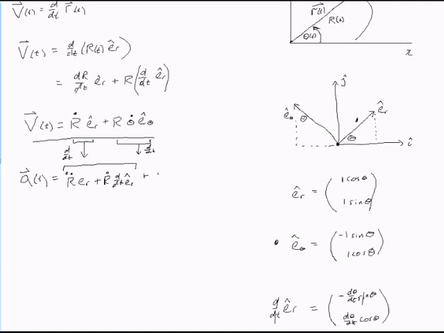Plus whatever this term is, which is just going to be equal to the derivative of whatever this beast is, which is just going to be r dot times, and once again I'm just using the chain rule, r dot theta dot e hat theta plus r times whatever the differential of this beast is here, times d dt of theta dot e hat theta.